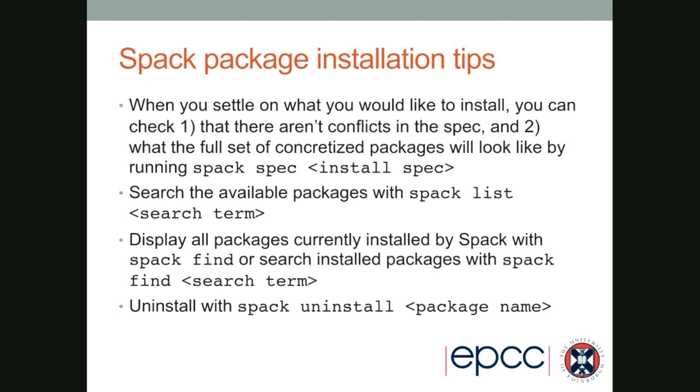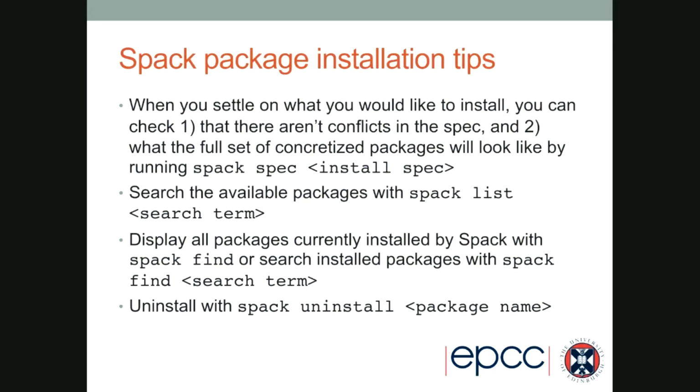A few tips for this. You, of course, will not always want to go ahead straight away and start building and installing, particularly if it's something which will potentially take, well, hours perhaps, depending on what it is. So you can use the spack spec command, followed by an install spec, again as bare bones or as detailed as you like.